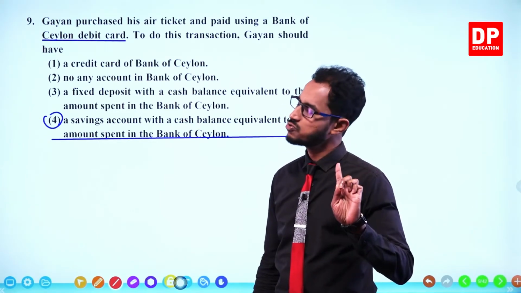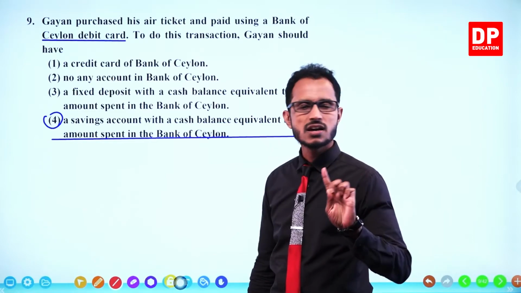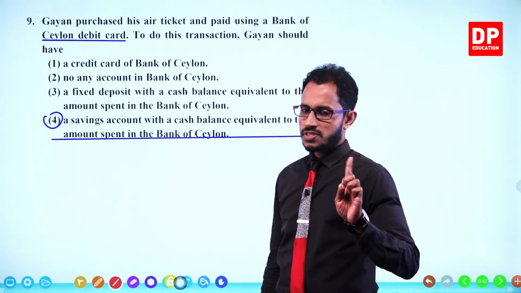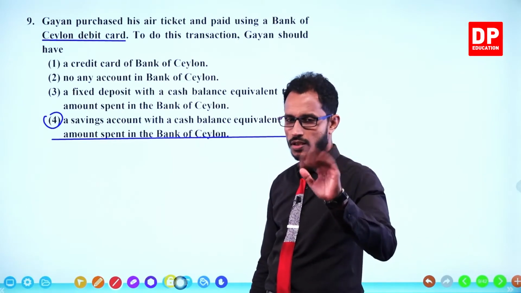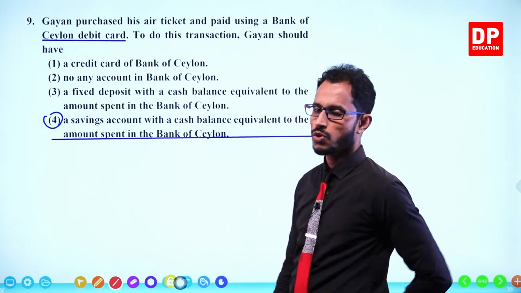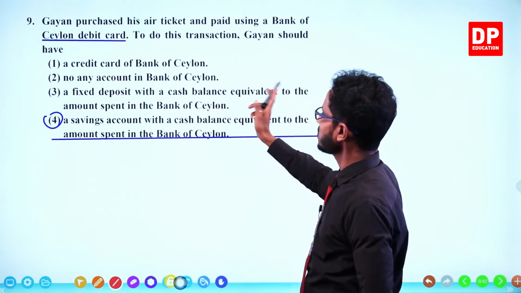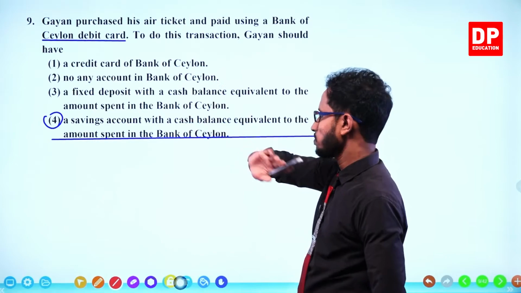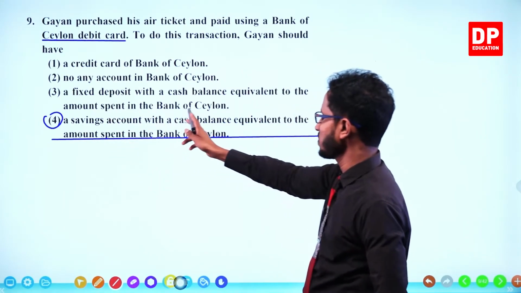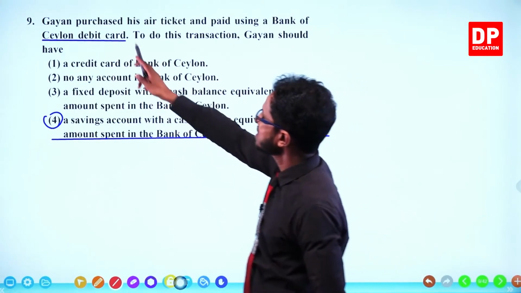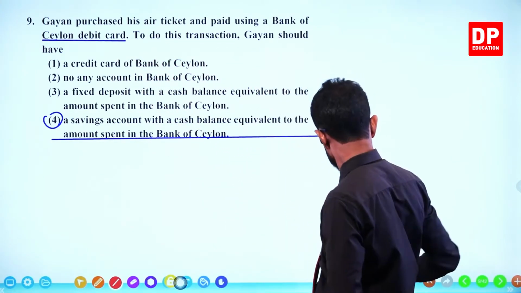For fixed deposits you do not get ATM cards. So a fixed deposit, no. A savings account with a cash balance should be there to purchase his air ticket.